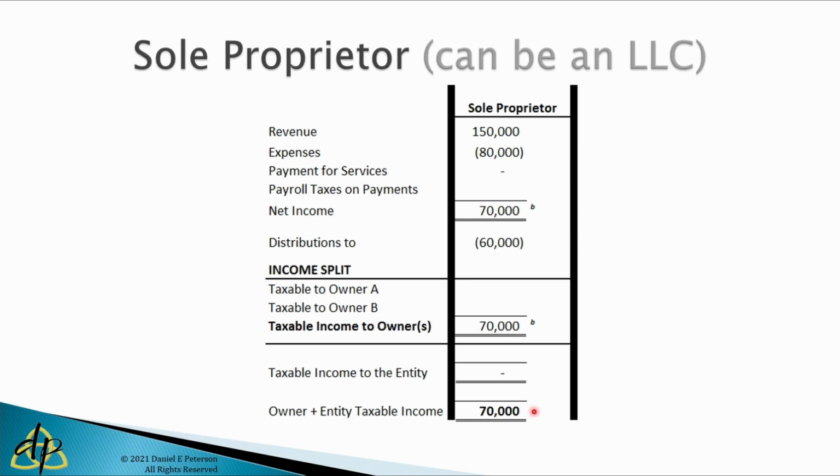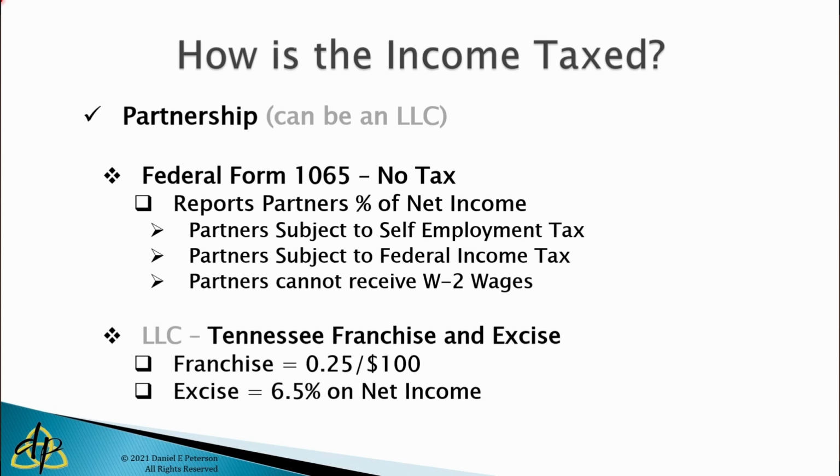So let's move to partnerships. Partnerships at the federal level are a reporting entity. They'll use a Form 1065 to report the net income of the partnership. The net income of the partnership is then reported out to the individual partners on a Form K-1 for their respective part of that net income. Following that, the individual partners will then include that respective net income on their individual tax return.